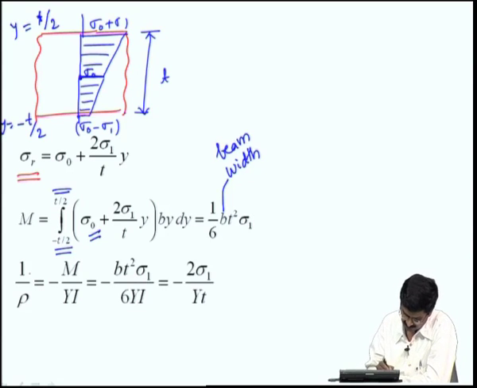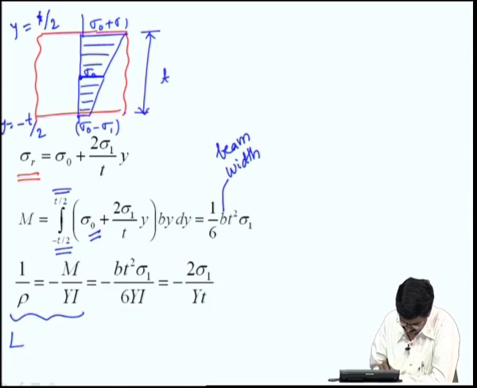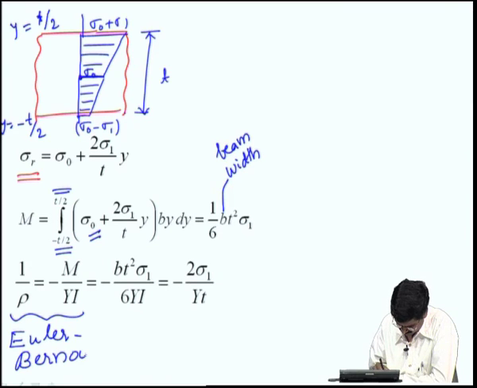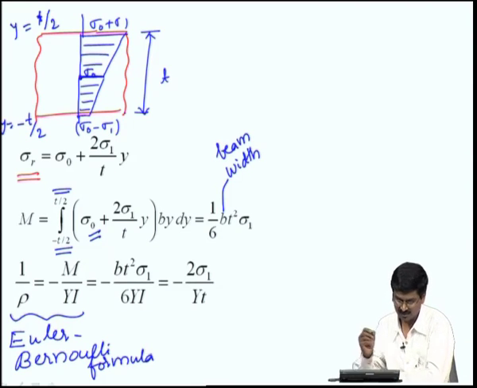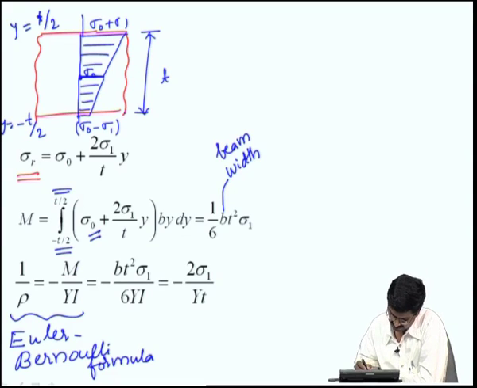Now, you know that 1 over rho is minus of bending moment divided by Young's modulus times I. This is our Euler-Bernoulli formula that we had used in one of the earlier lectures also. Now, we substitute for M from here.